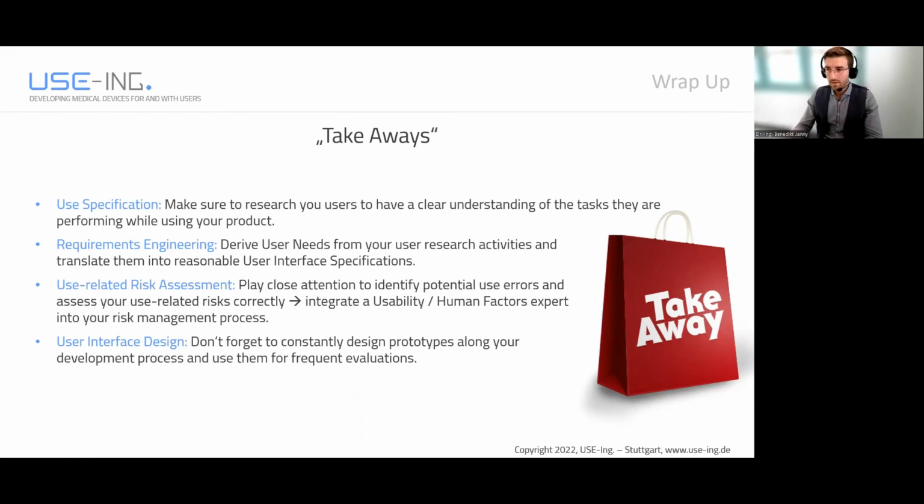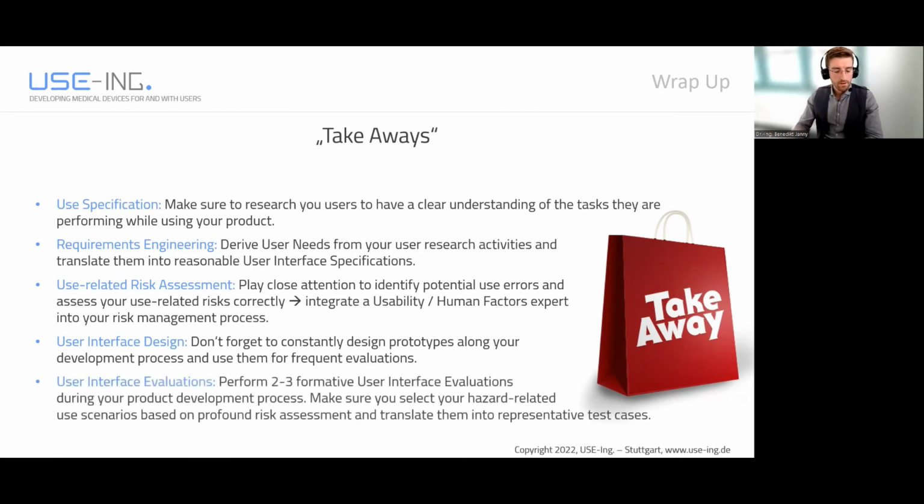Prototyping is not something that should be done at the end of your development process. It shall be started right at the beginning, and a recommendation is to perform 2 to 3 formative user interface evaluations during your product development process, and make sure you select your hazard-related use scenarios based on a profound risk assessment, and also translate them into representative test cases.